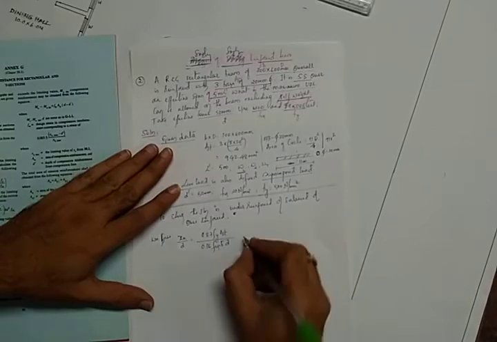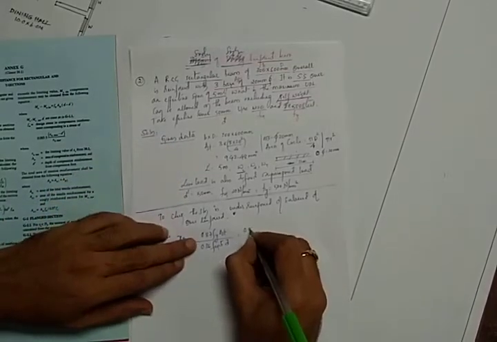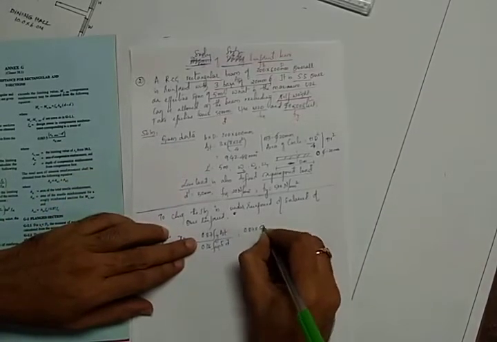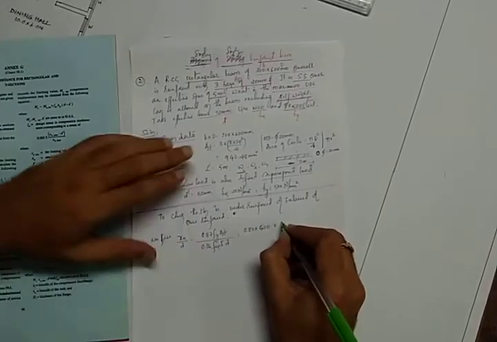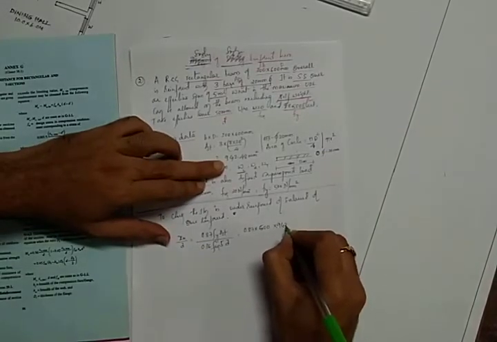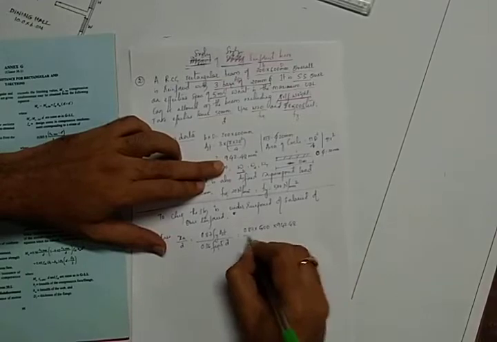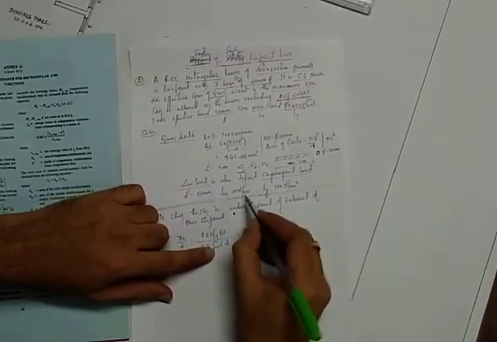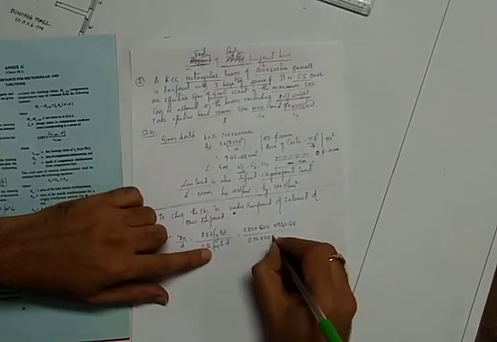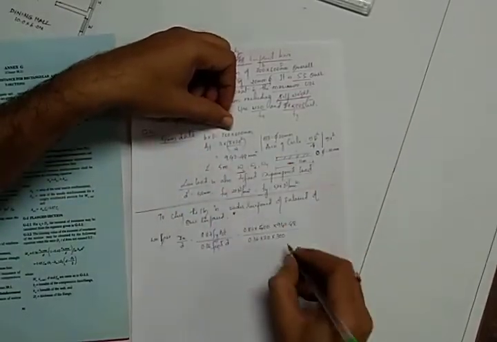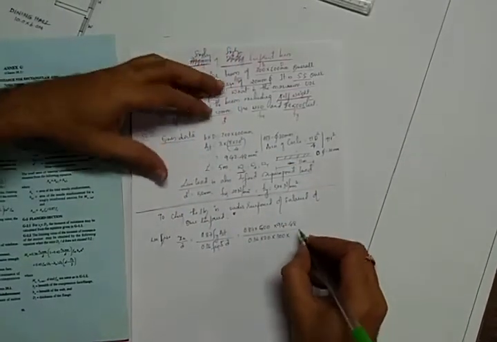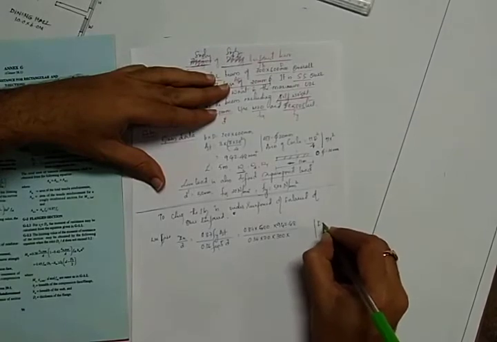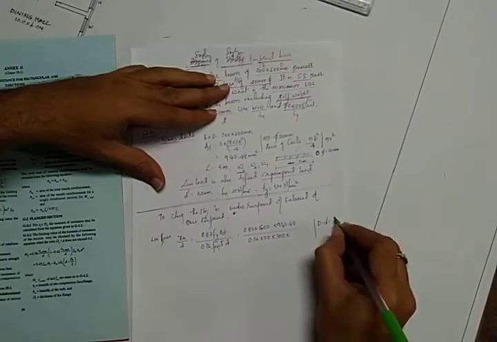So I know the value of fy, I will write here itself, 500, into Ast is known, 942.48, divided by 0.36, fck is known, that is 20 Newton per mm square, into breadth of the section is 300 here, into d is not known, so right here capital D minus d dash is equal to small d.